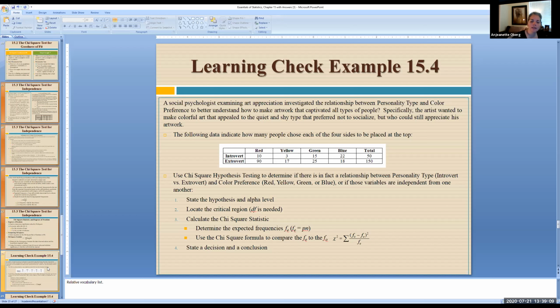So the first thing we do is state our hypothesis and alpha level, right? We locate our critical region, which means we have to calculate our degrees of freedom. And we end up plugging that in and calculating our chi-square. And that first starts with calculating our expected frequencies and then plugging that into the formula. And then based on that, if our chi-square falls in the critical region, we reject the null. If it doesn't, then we fail to reject.